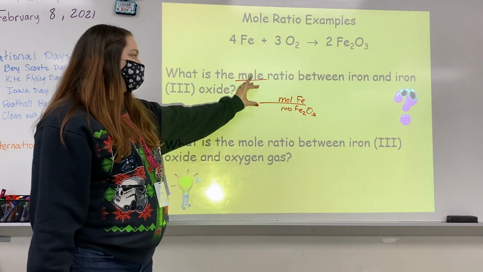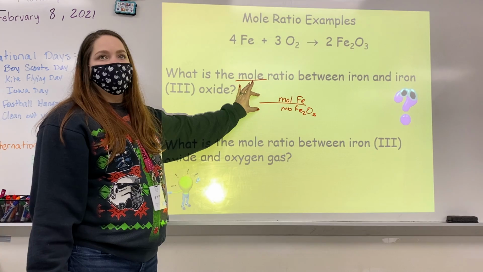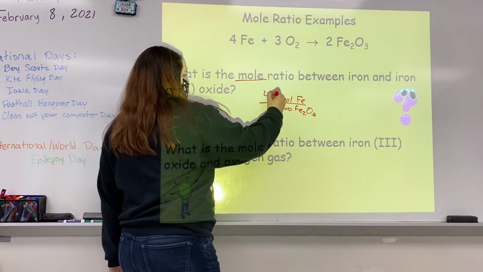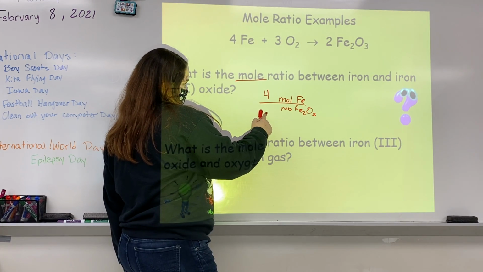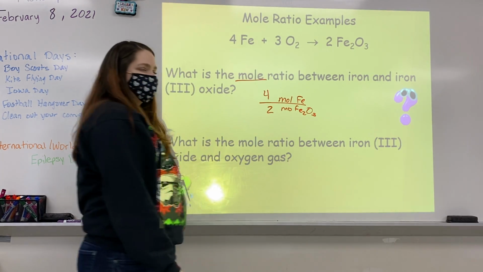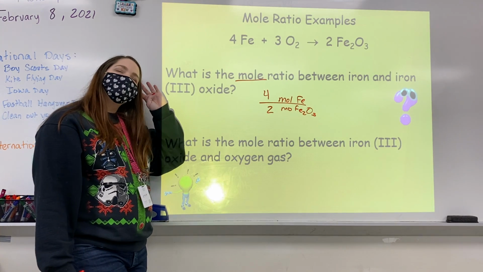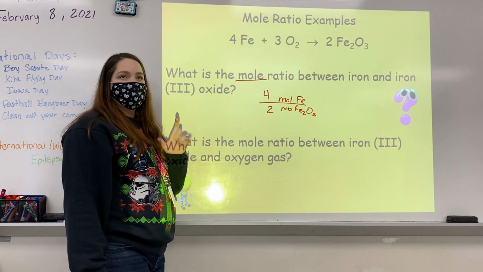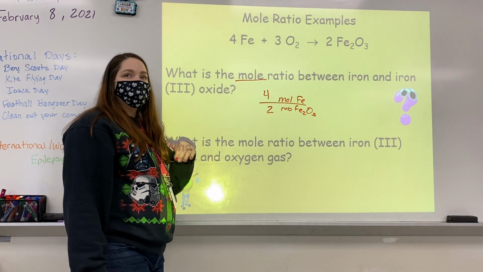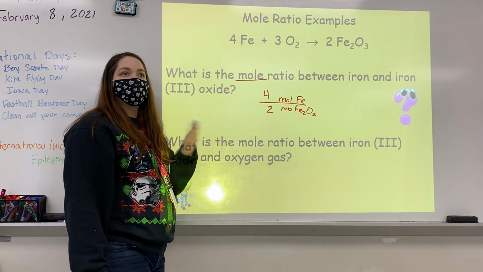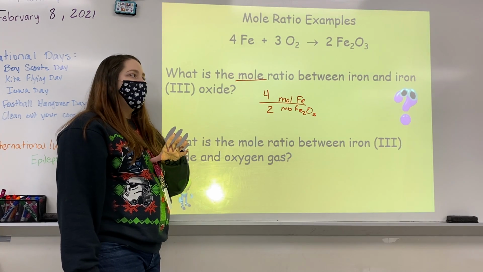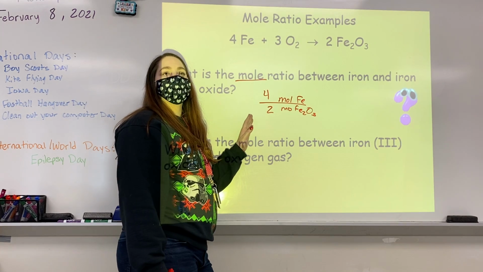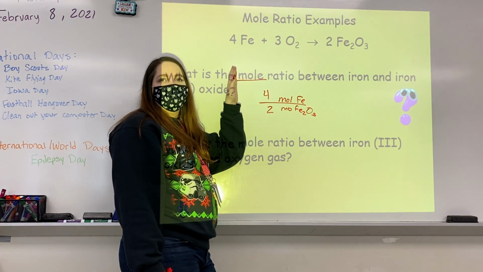Where do our numbers for our mole ratio come from? Our coefficients. So what number am I going to write here? And what number am I going to write here? 4 over 2. So, if I ask you a question on your test of what is the mole ratio between this and this, or this and this, you would not simplify this because you are showing what the numbers are in the balanced chemical equation.